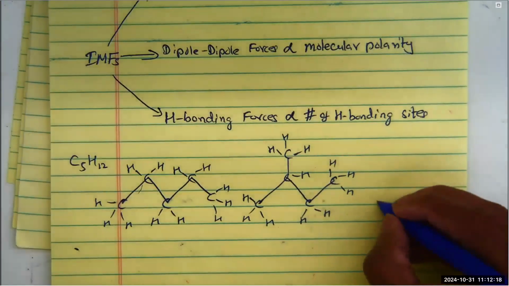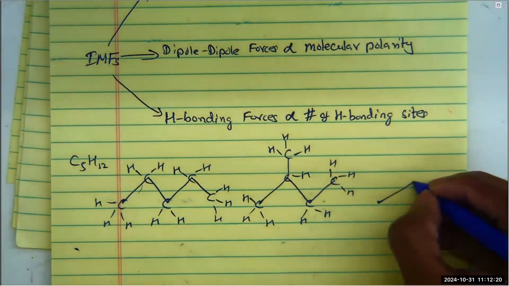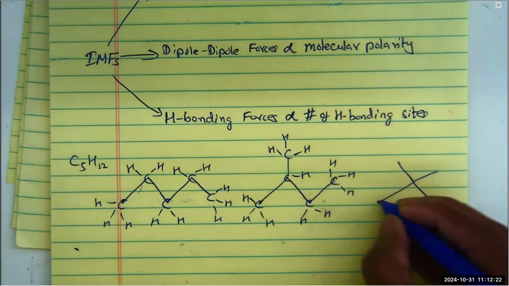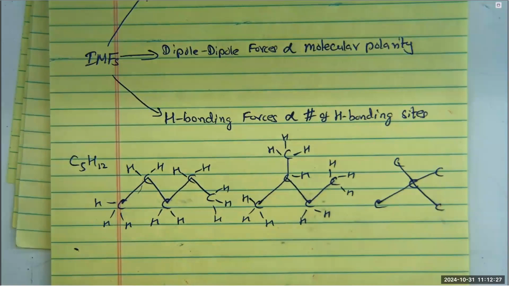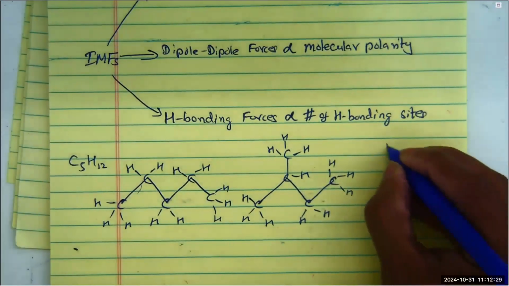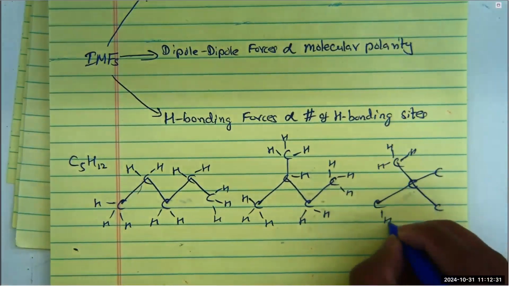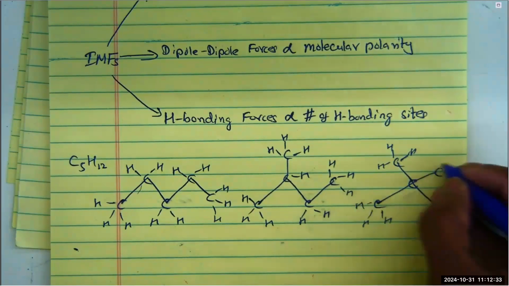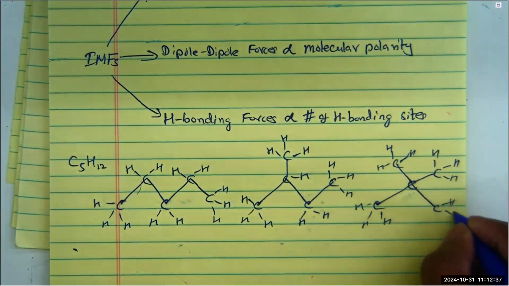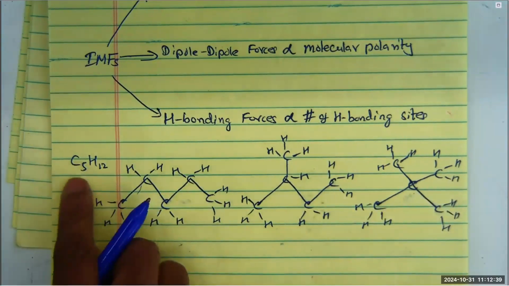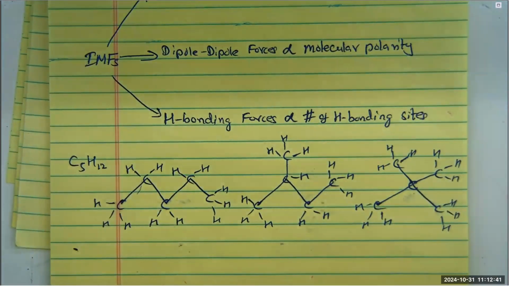And the last one, we have 1, 2, 3, 4, and 5. So 1, 2, 3, 4 terminal carbons and 1 central carbon. And each of these terminal carbons will have 3 hydrogens bonded, 3 carbon-hydrogen bonds like this. That means it's going to have 5 carbons and 12 hydrogens.